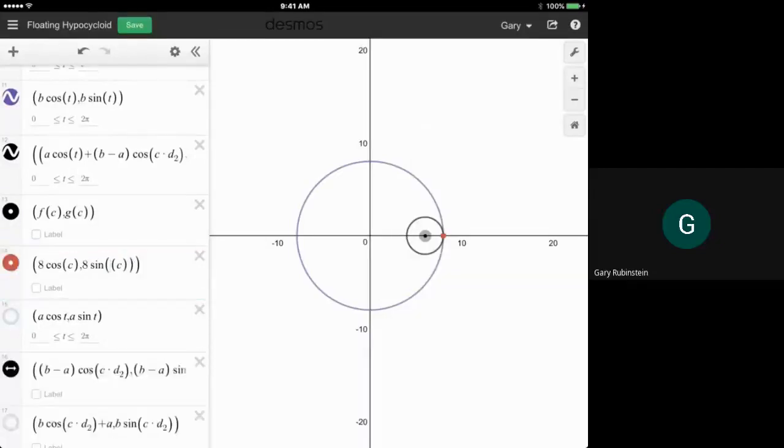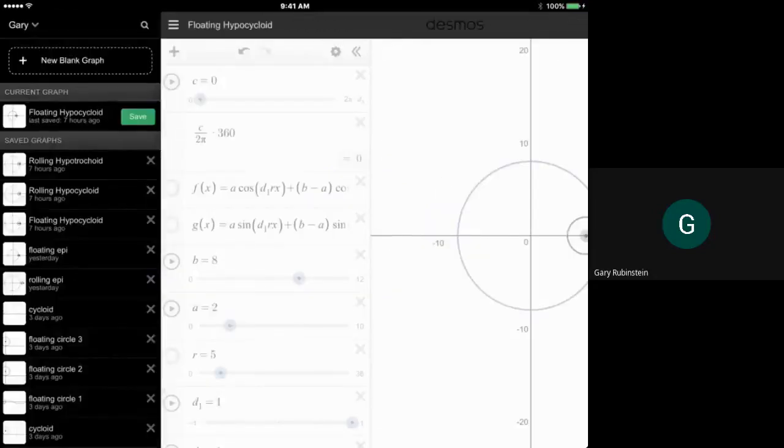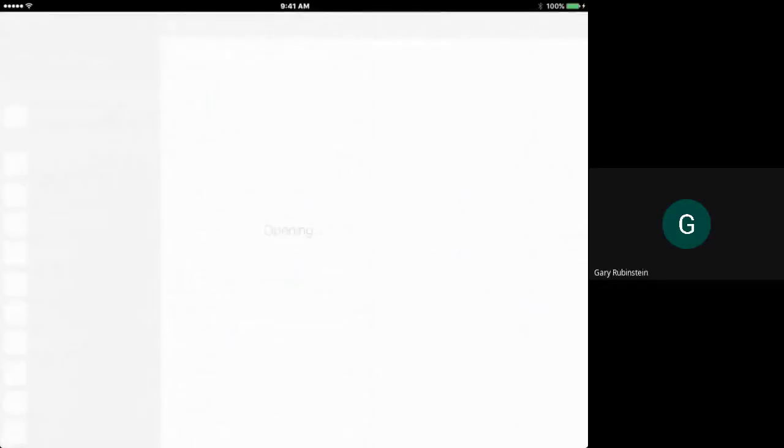I hope that fixes it. Let's see. No, sorry about that. I'm just going to get rid of this altogether. Let me come back over and go to the rolling hypocycloid, see if I can pick up that point.